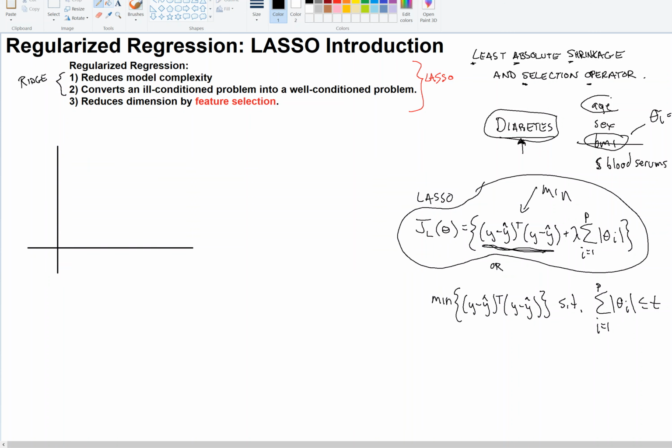So I'll just draw two dimensions for right now, theta 1, theta 2. It turns out that the plot of this in two dimensions are ellipses that come to a point. It's like a deflated football, you Patriot fans. So we have these pointy ellipses, and the larger lambda is, the pointier these ellipses get.